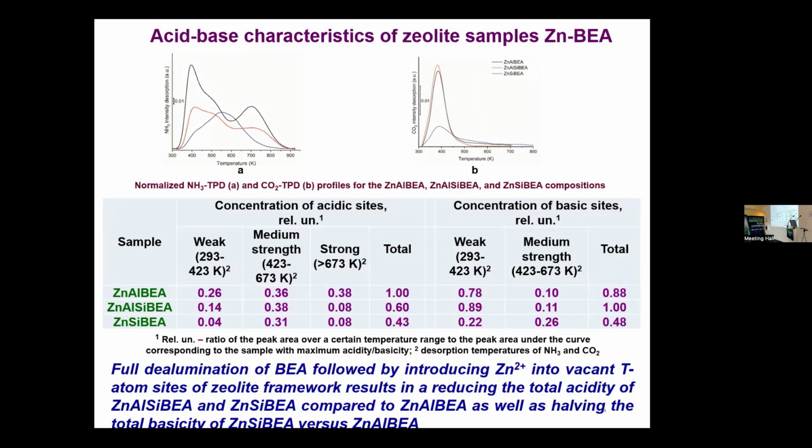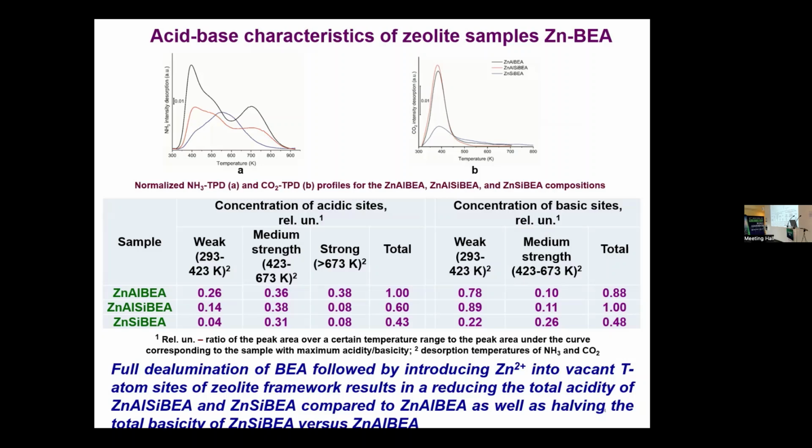We can see that in the case of this catalyst, there are several kinds of acid sites, and in contrast, there are also basic sites present in all these catalysts, but with very small amounts of basic sites in the case of Zn-Si-beta zeolite.